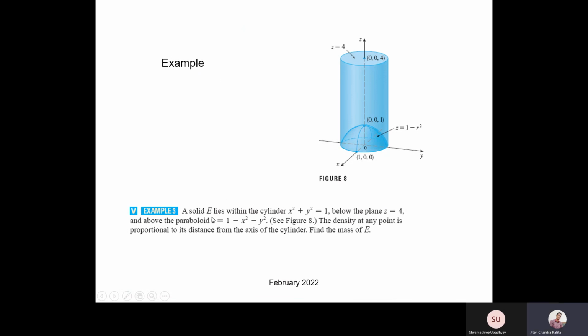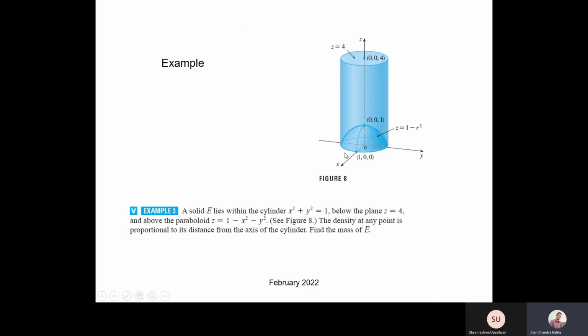It is about a solid E that lies within the cylinder x square plus y square equal to 1. So this is the cylinder x square plus y square equal to 1, and it lies below the plane z equal to 4. This is the plane z equal to 4, and above the paraboloid z equal to 1 minus x square minus y square.